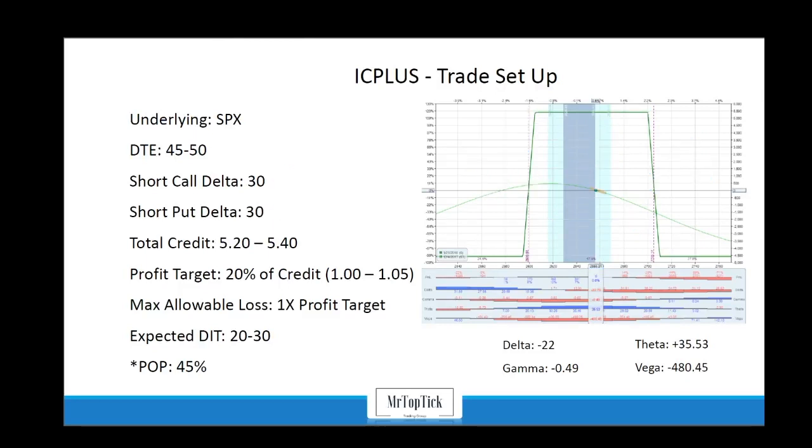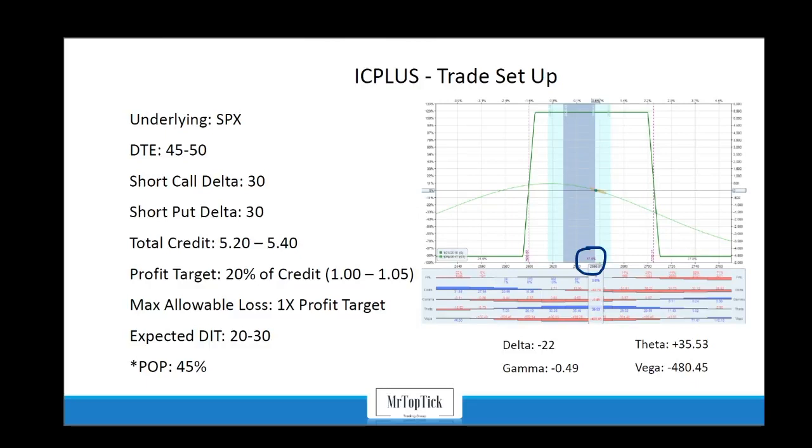So now, if we're going to play this game, right, we have a 50-50 shot here. We take in a $5 credit. Our risk is 5. You can say that this is a zero-sum game, but that's not necessarily true, because implied volatility will often overstate realized volatility, which means that right now, based on current implied volatility, there's a 45% chance that we're going to end between our short strikes.